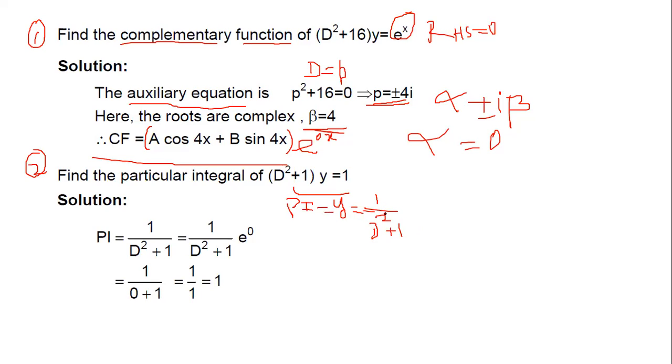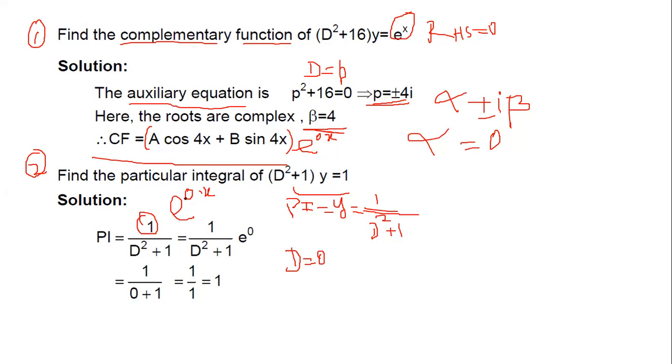So what is the procedure in case it is a constant? If it is a constant, then directly substitute D equal to 0 here. In the numerator only a constant is there. In the denominator, substitute D equal to 0 directly. Because this 1 can be written as e power 0 into x.